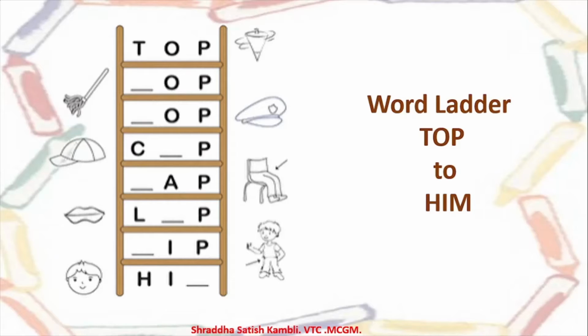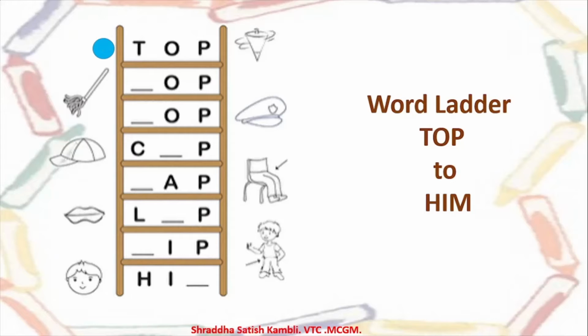Okay. So now in this particular word ladder, you have to go from top to him. So the ladder is already set up for you. You have to only make use of the clues and you have to write the words, or you have to just go on changing the letters. So see the first one.